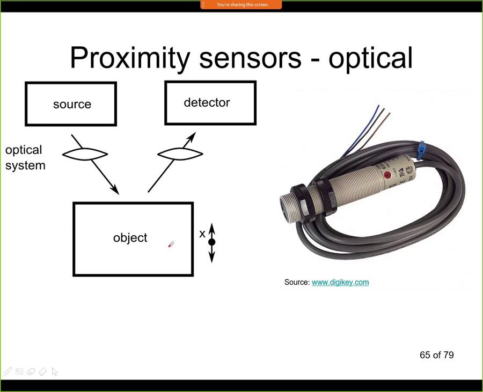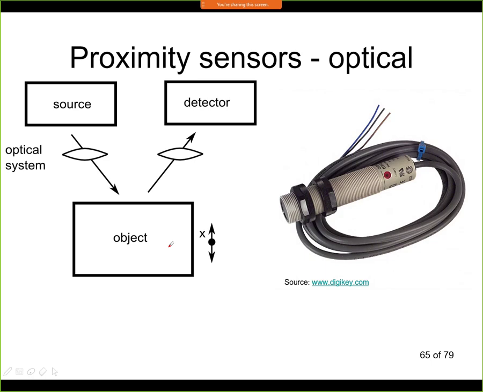So the major difference between the optical sensor and the capacitive and inductive sensors will be in the detection distance. Based on the optical system, the optical sensor can work up to few meters. So it will have a very large detection distance.